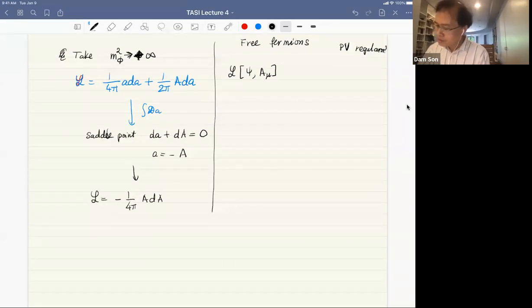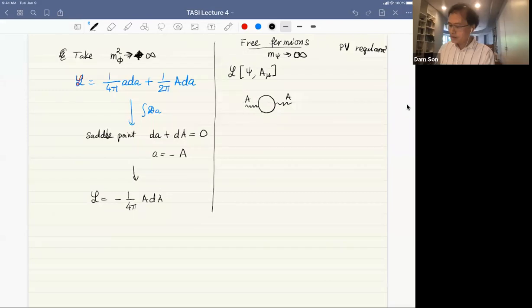Roughly speaking, in the free fermions, when the mass of the scalar goes to infinity, it corresponds to the mass of this fermion also going to infinity. So we compute this diagram, right?